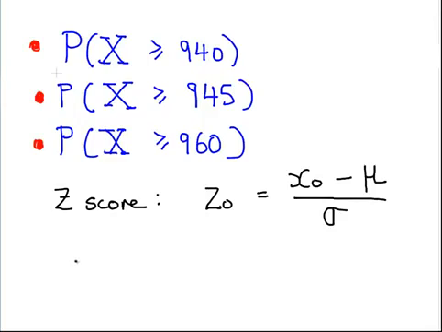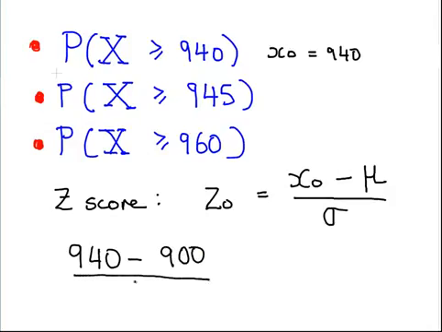Now I'm going to do it for the first one only, 940. So x0 is 940, minus mu and sigma as before, 900, and divide that by the standard deviation. And the answer, with a bit of calculator work, is 0.80.